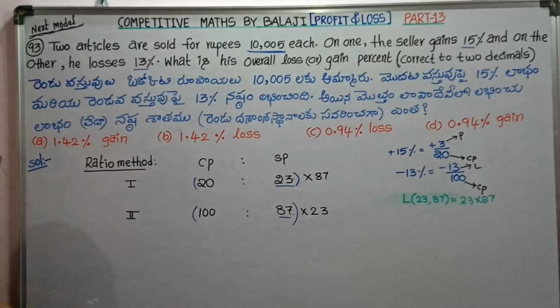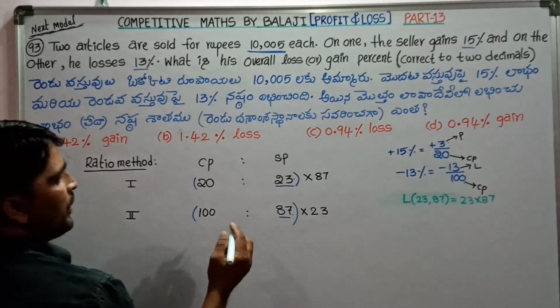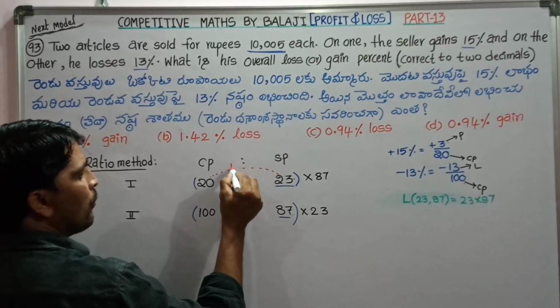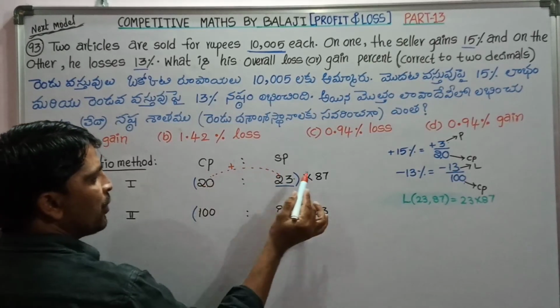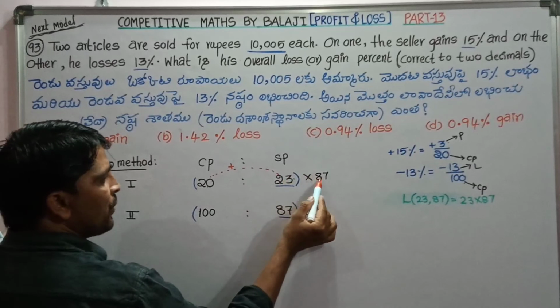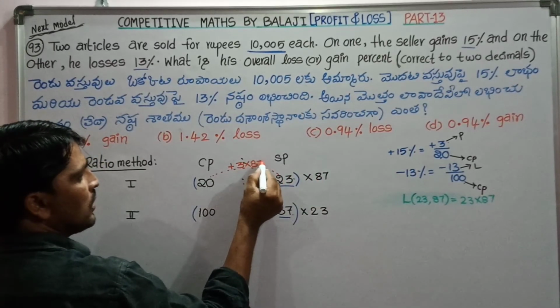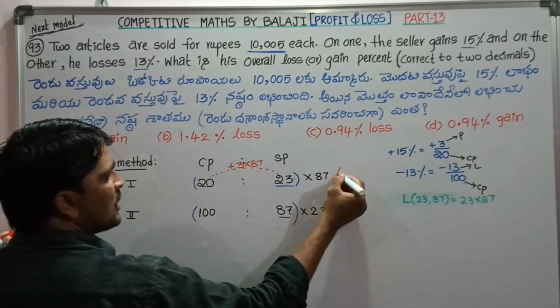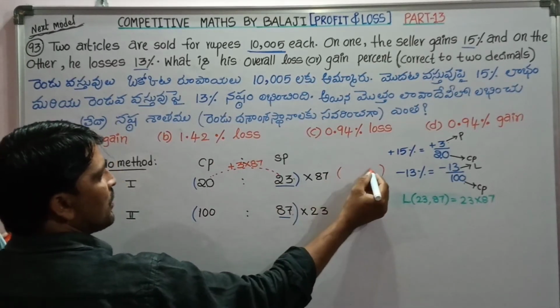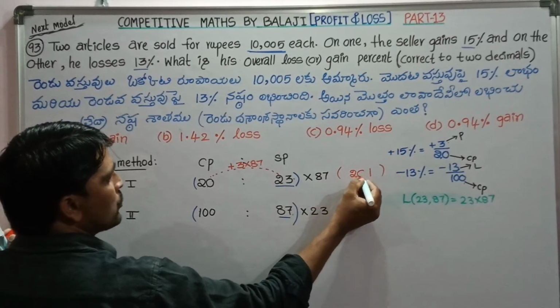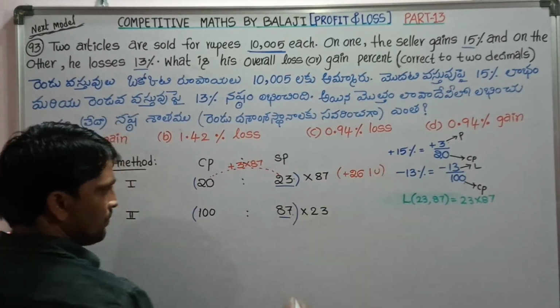Now consider the profit. Here profit is 3 into 87. That is 3 sevens are 21, 3 eights are 24 plus 2, 261 units profit.